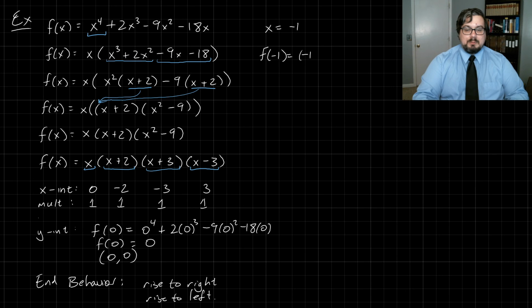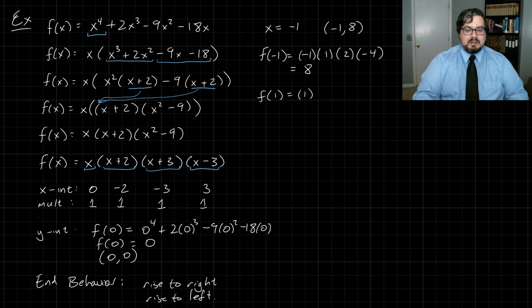So f of negative 1 will be negative 1 times negative 1 plus 2 is 1, negative 1 plus 3 is 2, and negative 1 minus 3 is negative 4. So using the factored form here, we get negative 1 times 1 is negative 1, times 2 is negative 2, times negative 4 is 8. So that gives the point (-1, 8), which is on the graph.